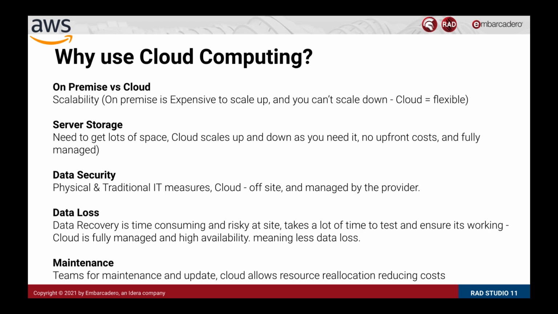Now, with on-premise, if you wanted some hardware on demand for a specific project, or you needed to get a lot of work done very quickly on some batch processing, you need a lot of computing power for it. The cost of having that on site or on standby for when you need it can be quite a lot.